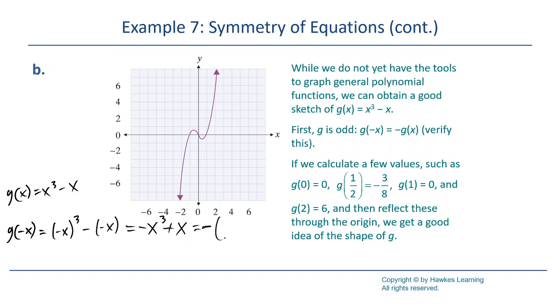So this is negative x cubed minus x, which, lo and behold, is negative g of x. So now I have that negative g of x is equal to g of negative x. So now I have origin symmetry, which means that I flip-flop the signs for these. And I know that I have the same thing.